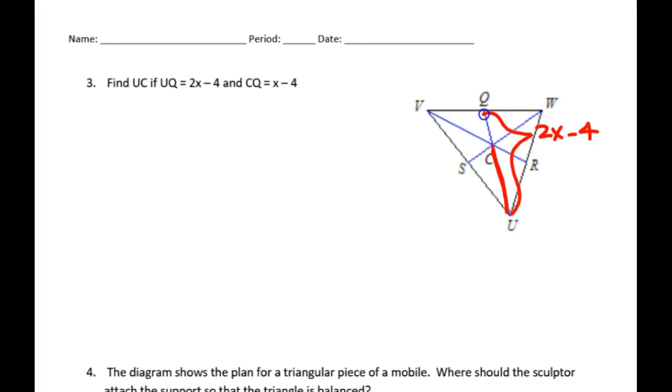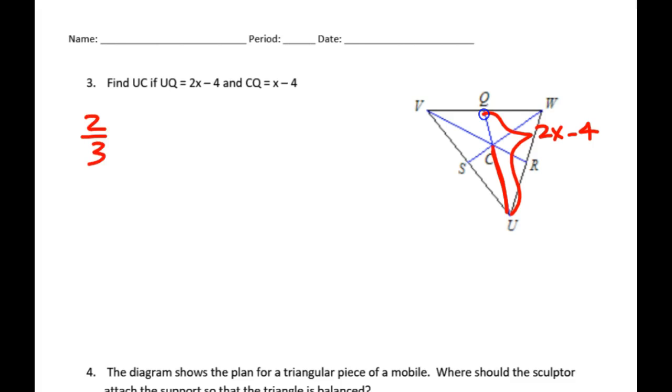Remember, whenever you have the median, the bigger part's 2/3, the smaller part's 1/3. So UC is 2/3 of this whole thing right here, okay? 2x minus 4. So what I want to do to find UC is take 2/3.